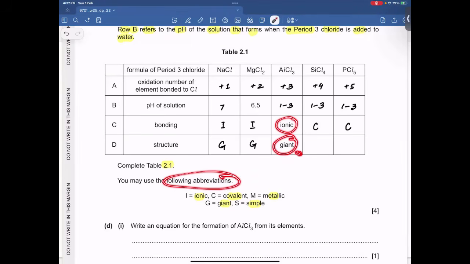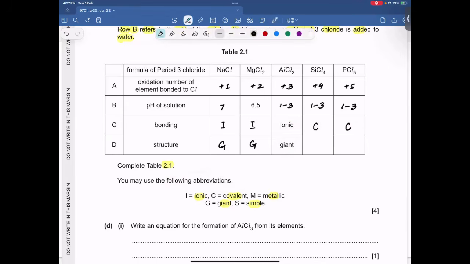So that's going to be the problem: whether I need to write these abbreviations or write the whole thing. The examiner has written the whole thing, which means I can write the whole thing also. But let's talk about the abbreviations. SiCl4 is simple molecular. It is also simple molecular. Okay.